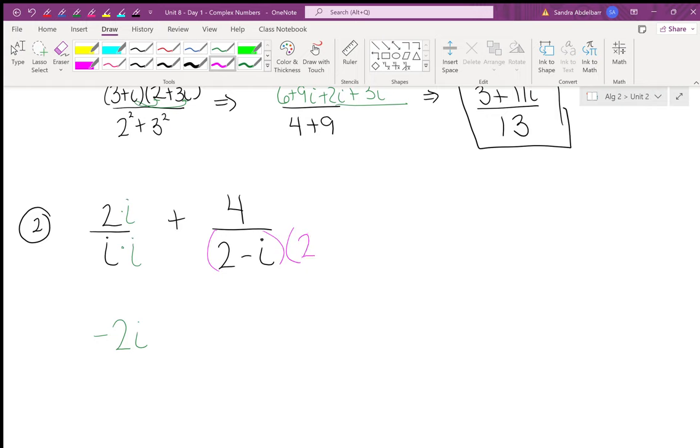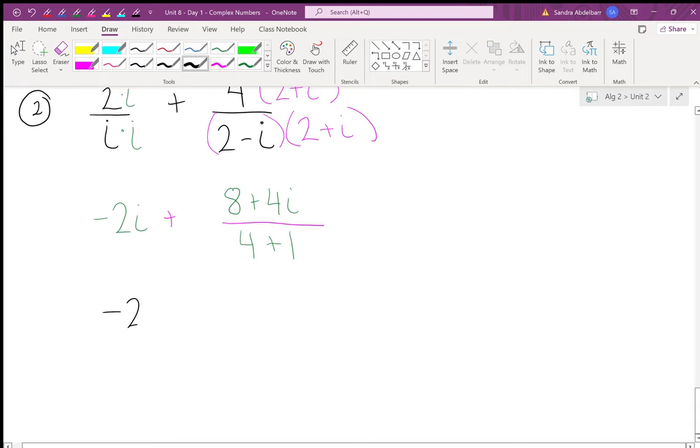Its conjugate, so 2 plus i, top and bottom. So my denominator is going to be a squared, which is 4, plus b squared, which is 1, all over 8 plus 4i.